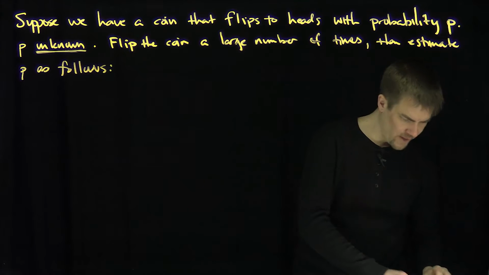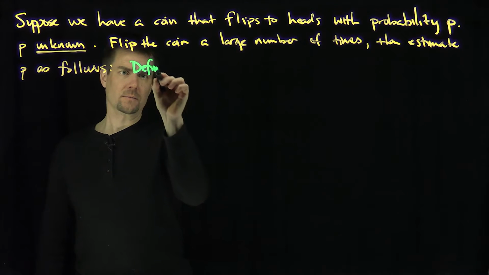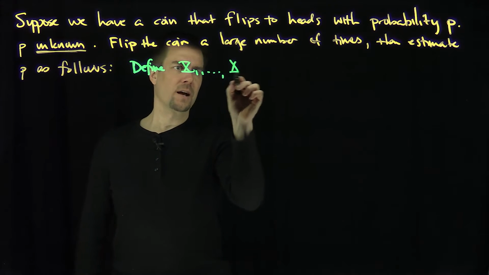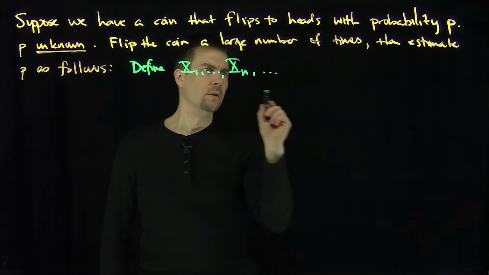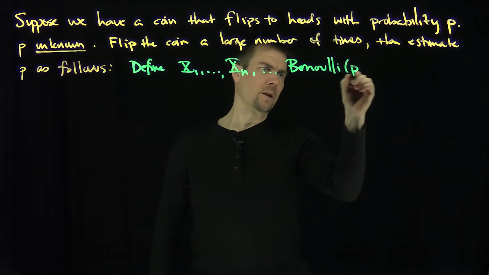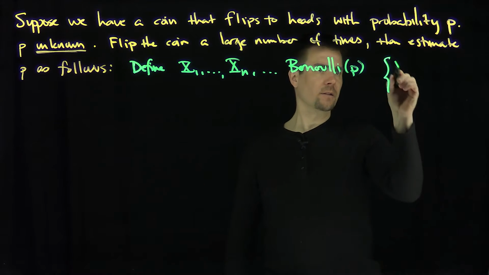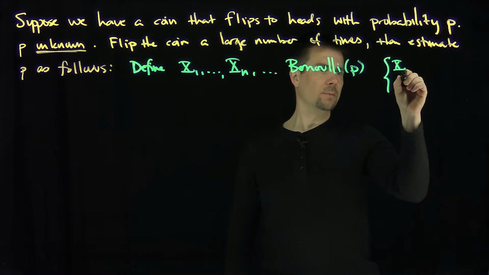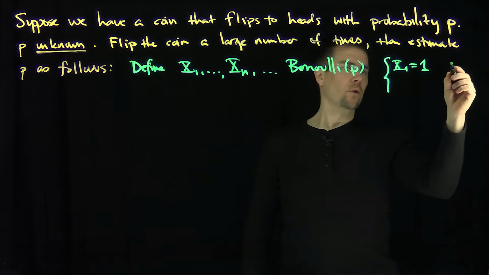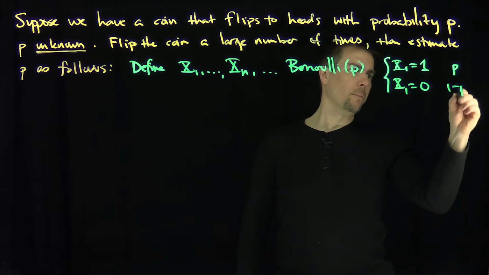We'll define Bernoulli random variables x1 through xn, Bernoulli p random variables. I'll define x1 to be equal to 1 with probability p, and x1 will be equal to 0 with probability 1 minus p.